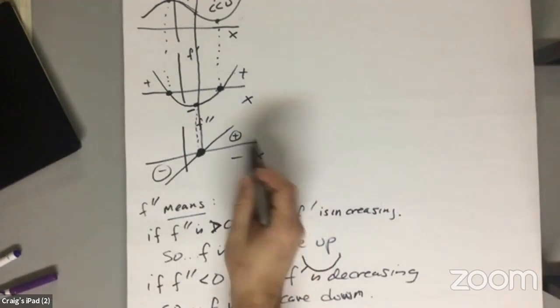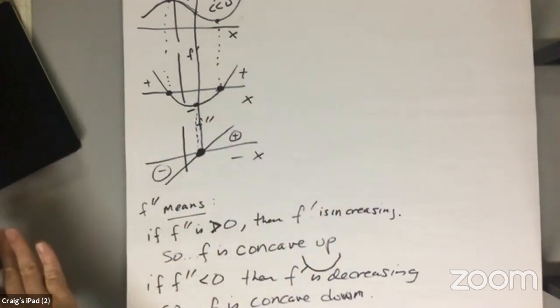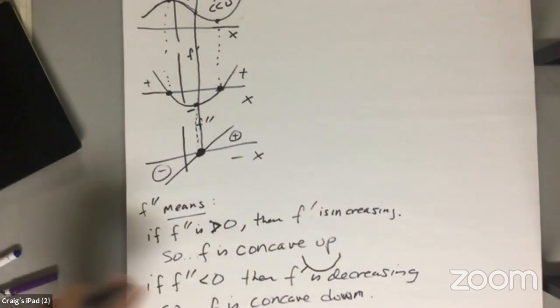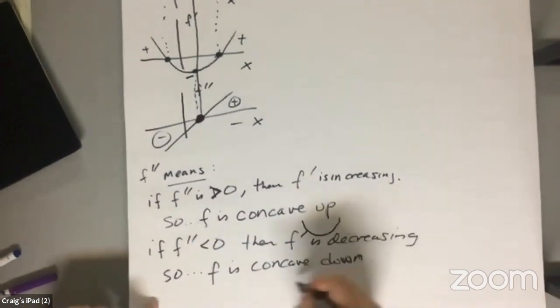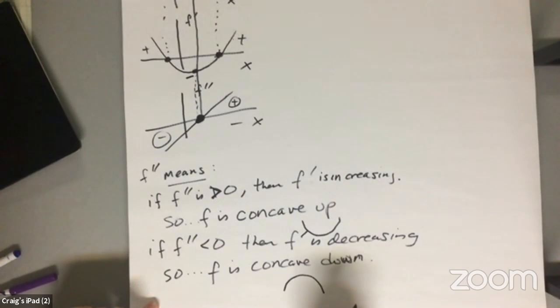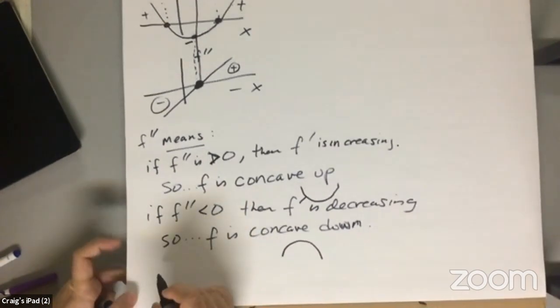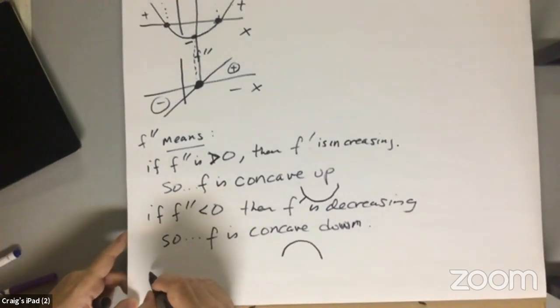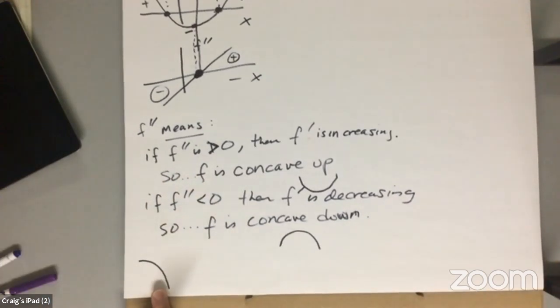Positive sign means the function is concave up. Negative sign means the function is concave down. So concave down means it looks like a bowl going down. So, quick quiz question: is this one concave down or is this one concave up?